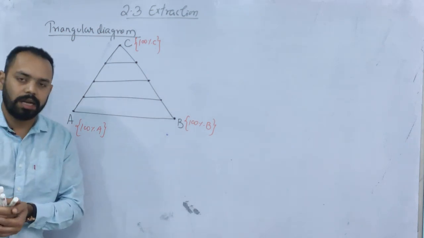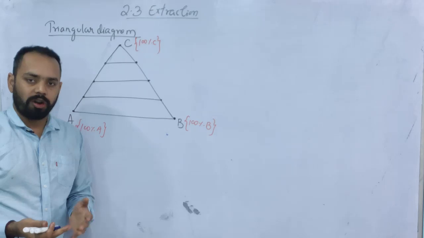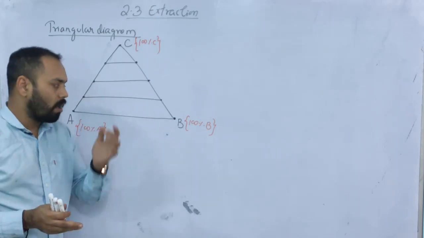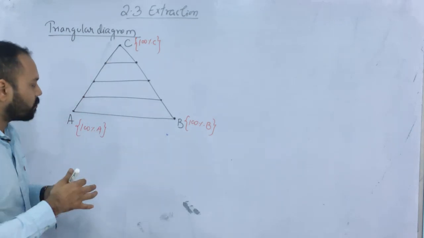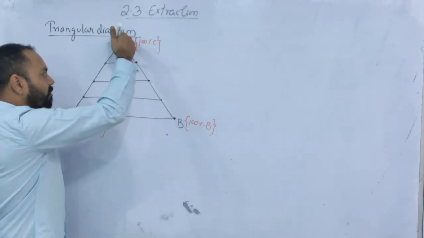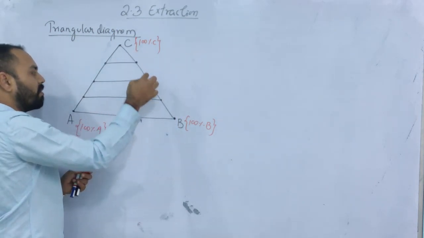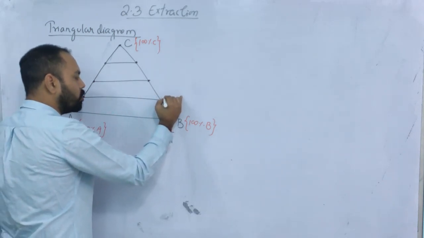One thing you should understand, the very basic concept here: as you move away from a particular vertex, the mass fraction of that vertex in the mixture decreases. Because I have divided this line into 4 equal parts, each point represents a change of 25%. Now suppose you are writing the composition of this vertex.